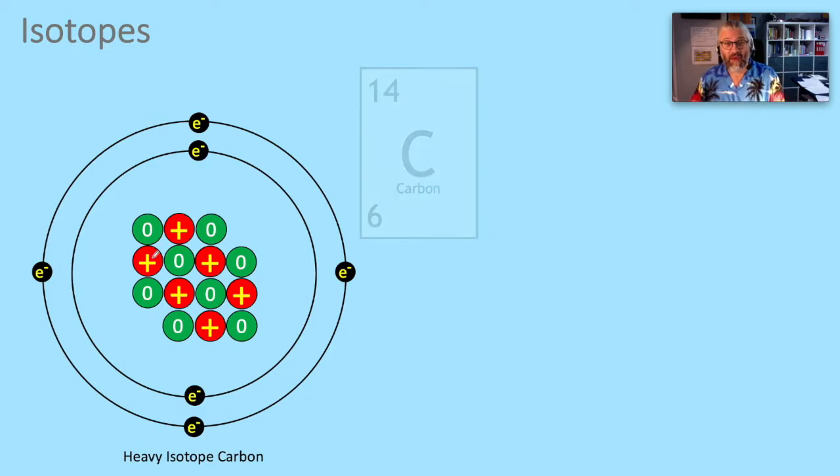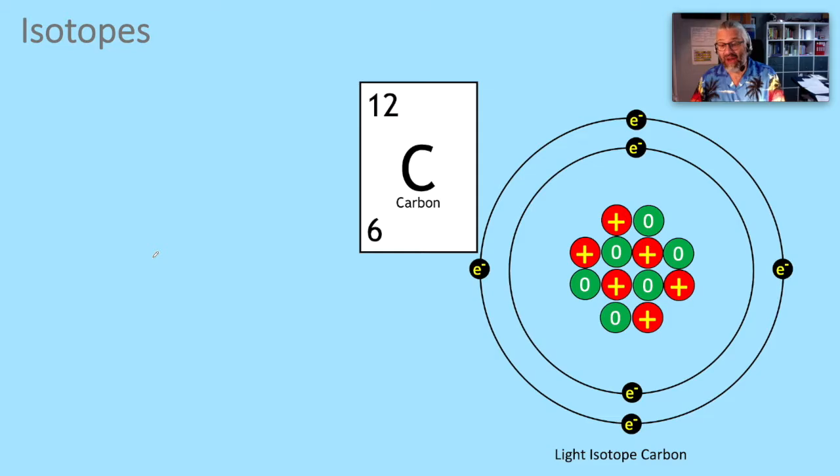Okay, if we now have a look at the light isotope of carbon and do exactly the same, you can count that there are 12 particles in the nucleus altogether, and only 6 of those particles are protons. So we take the proton number away from the mass number and we get 6.